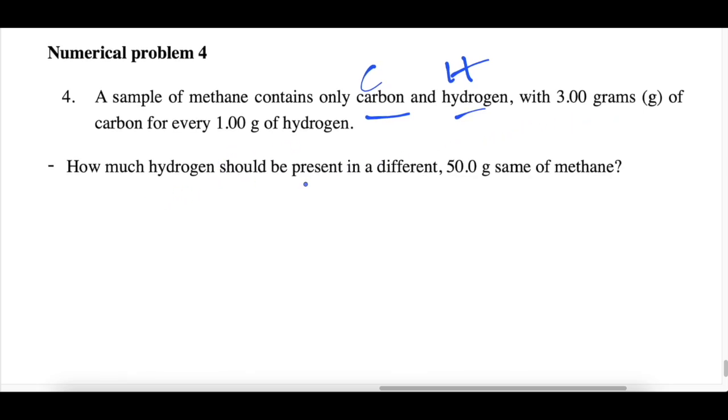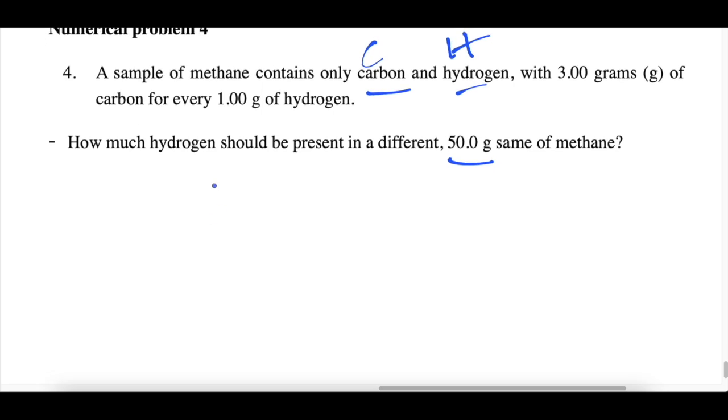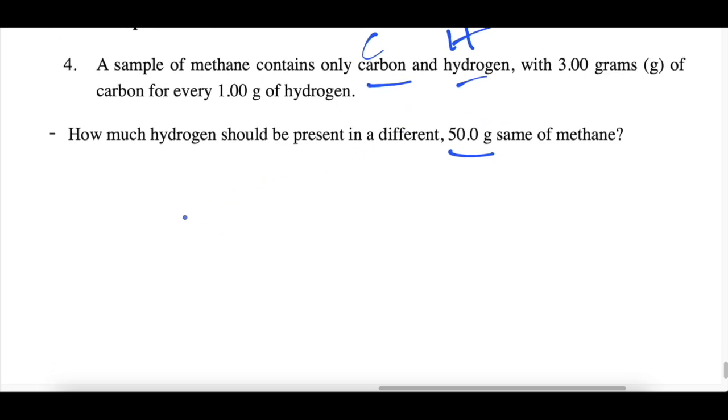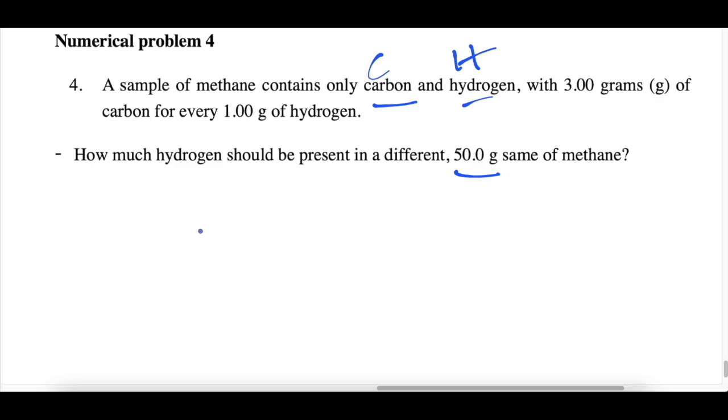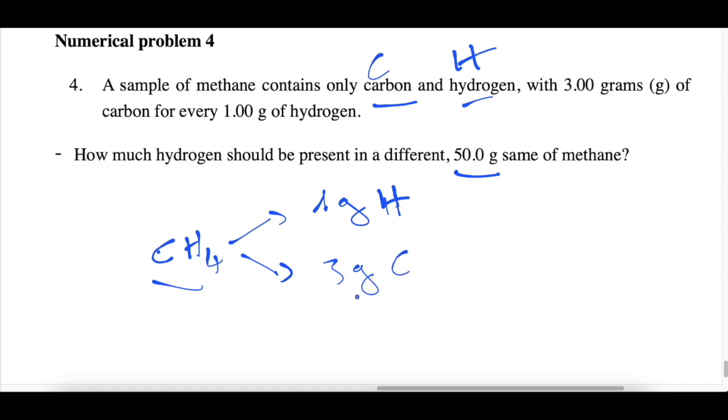How much hydrogen should be present in a different 50 gram sample of the same methane? So here we have an important piece of information. Here is the formula of methane. For every 1 gram of hydrogen, we have 3 grams of carbon.